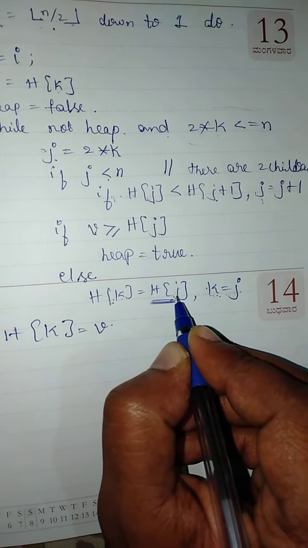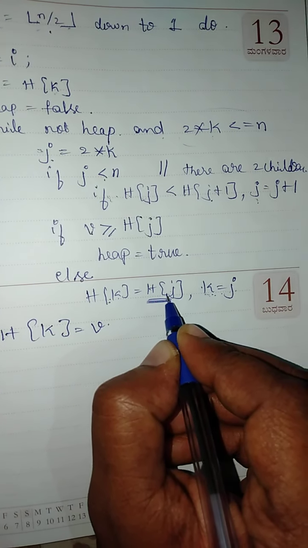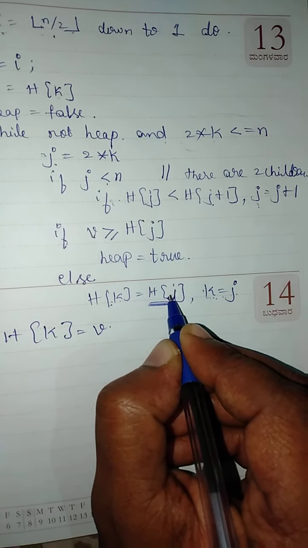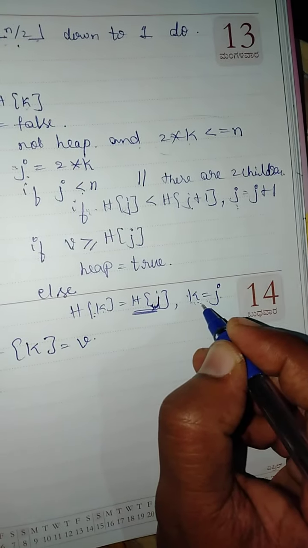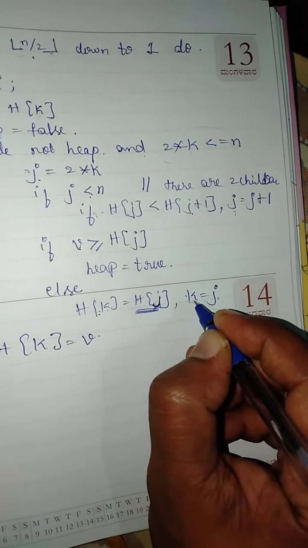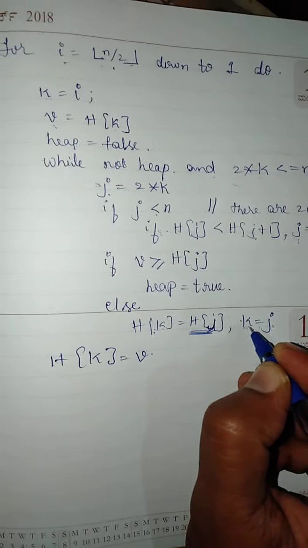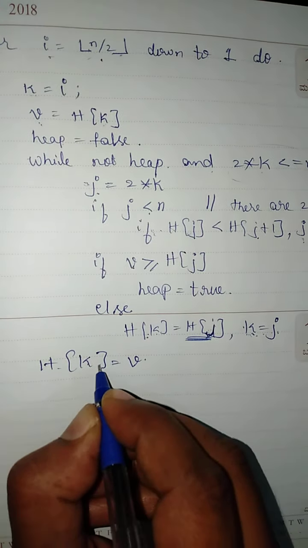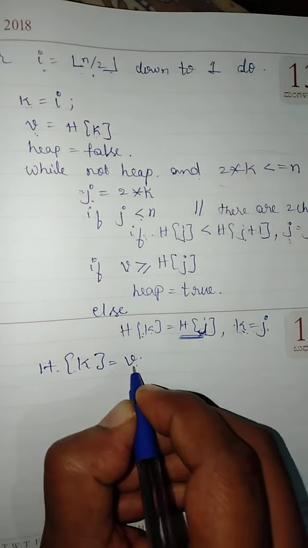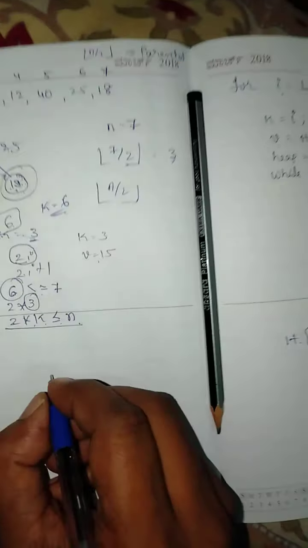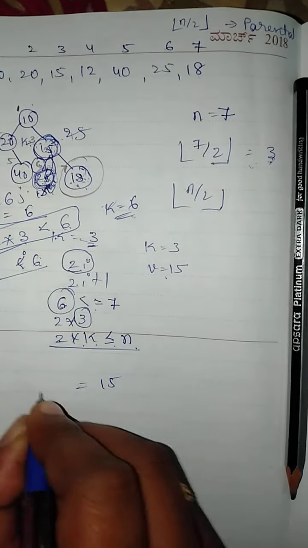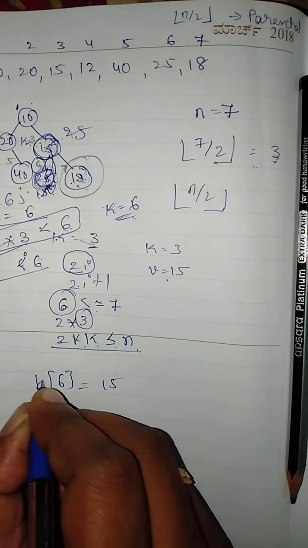Therefore the node at j still needs to be replaced, isn't it? And that value in this case is nothing but 15. And after this what did we modify? J value we modified to k. Therefore at the end we have to modify h of k to v, so that we will now be assigning the value 15 to h of 6.